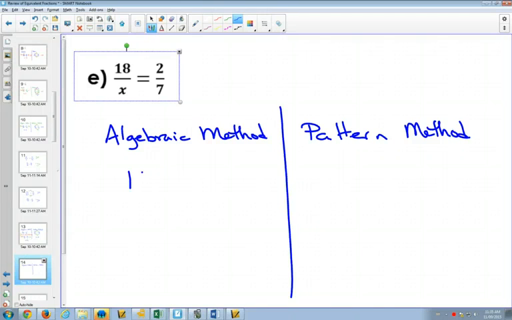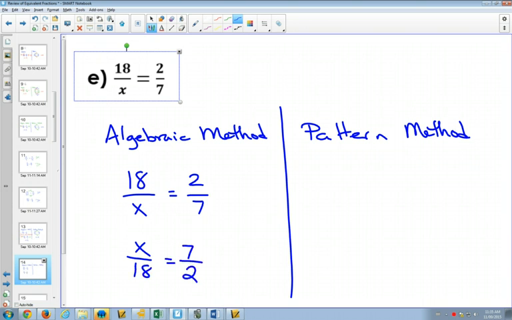Now with the algebraic method, our x right now is on the bottom of that fraction. So what we notice with our fractions is that if two fractions are equivalent, then you can flip both of those fractions, and that equation will still be equivalent.